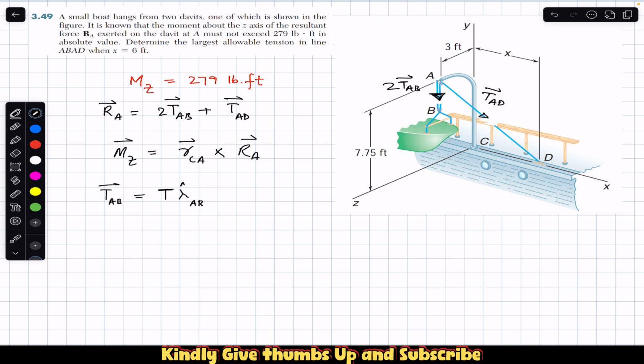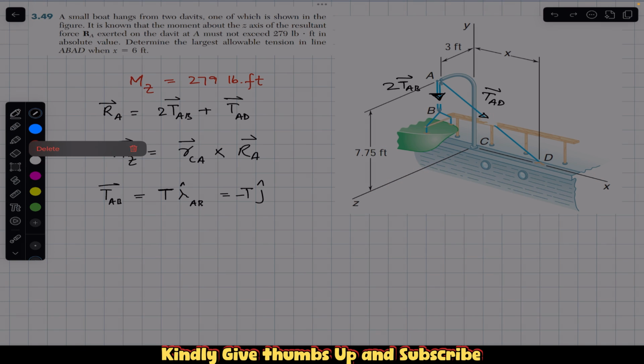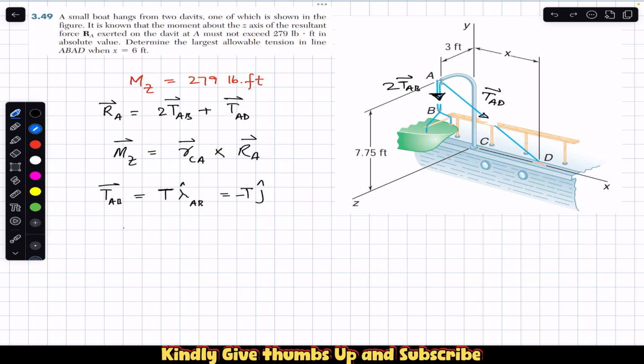So TAB will be equal to T times negative j, so TAB is minus Tj. So 2 TAB will be 2 times this. So let's write that 2 TAB vector will be equal to minus 2Tj.